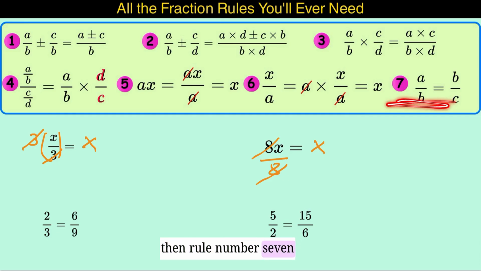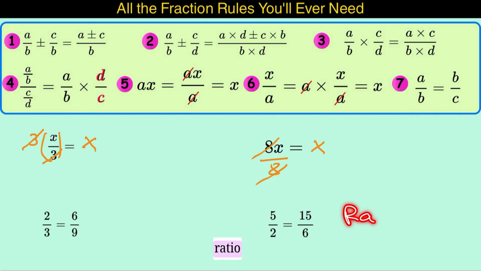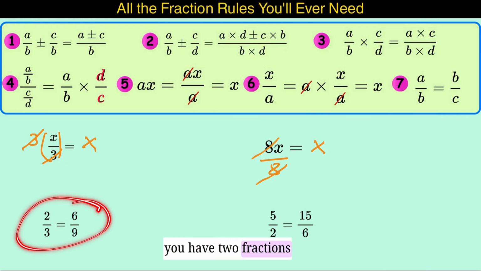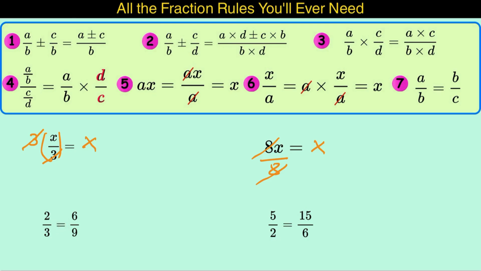Then rule number 7. You're going to need this one when you are doing a ratio. A ratio, remember that. What's this rule about? You have two fractions, but they are equal. Well, how do we know these are equal? You're going to do crisscross to get rid of the fraction. In order for you to get rid of this fraction, here and here, what are you going to do?